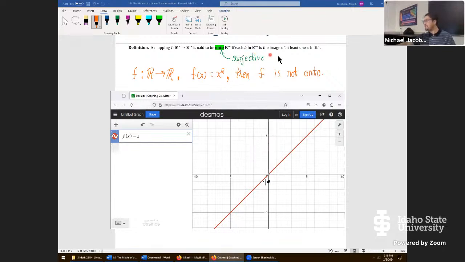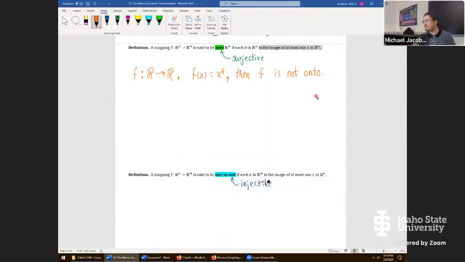When it says b is the image of at least one x in Rn, the image you can have in your mind is every value on this axis has a pre-image, some value in the x-axis that maps to it. So let's say here, just to complete the thought, f mapping R to R, defined as f of x equals x, is onto.